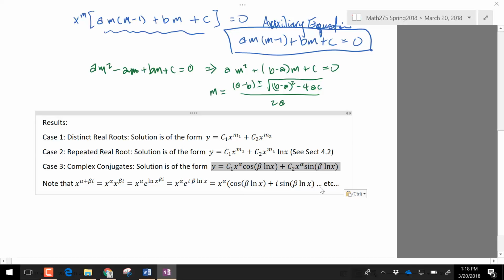And so that i beta can translate into an e to something. And that's how you would come up with this weird set of solutions where you have sine and cosine with an ln inside.